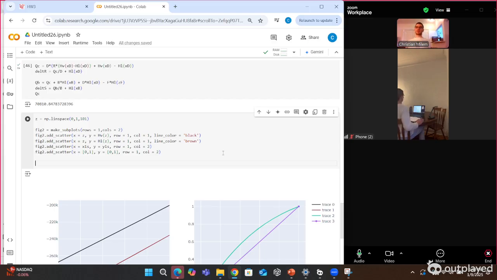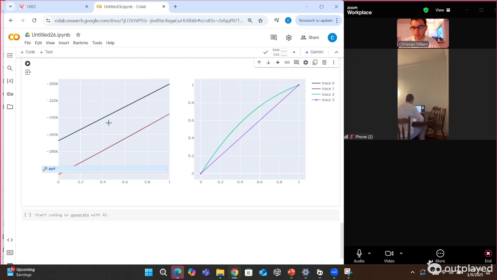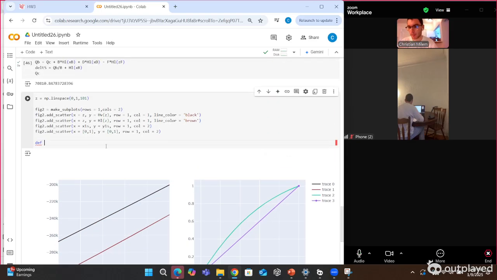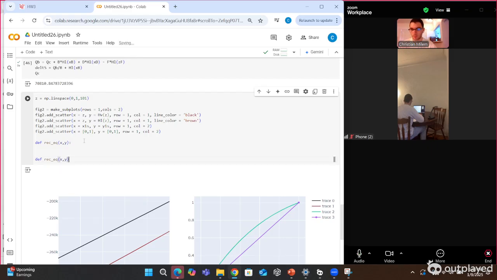So to make these plots, we're going to need an equation for our operating line. That's going to be, so we'll do rectifying equation. It's going to be a function of x and y. We also have one for our stripping.